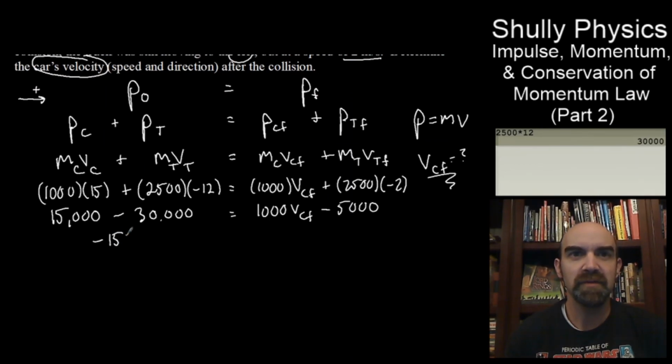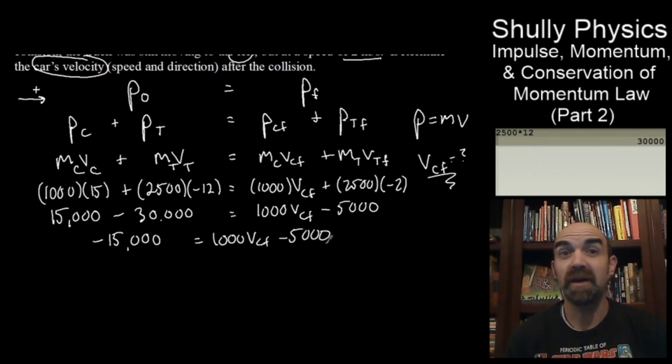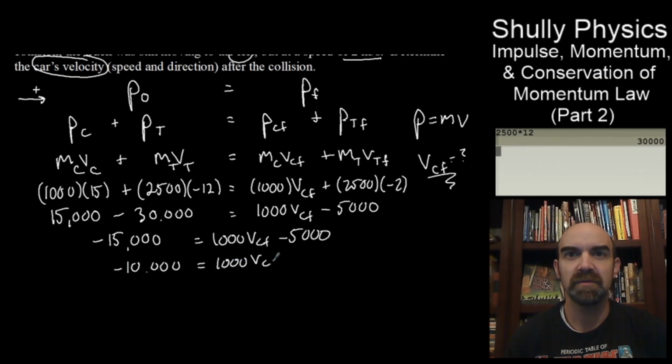We get negative 15,000 over here. Add 5,000 to both sides. That gives us negative 10,000. And perfect. Final velocity of the car is negative 10 meters per second.